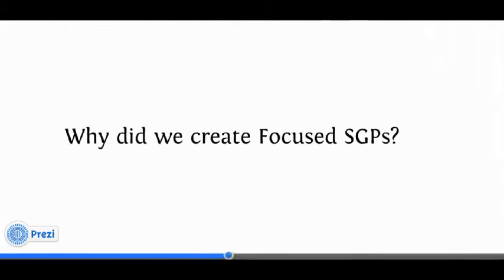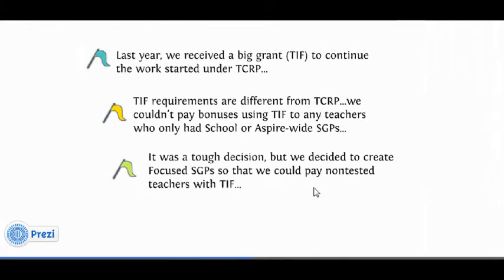So why do we do this? Last year, as many of you know, we received a grant from the Department of Education, TIF4, that basically allowed us to keep funding all of this great work that we've started under TCRP. Now, TIF requirements were a little bit different from Gates. And one thing that we found out in March was that we in fact couldn't pay bonuses using TIF funds to any teachers who didn't have a classroom level growth score.